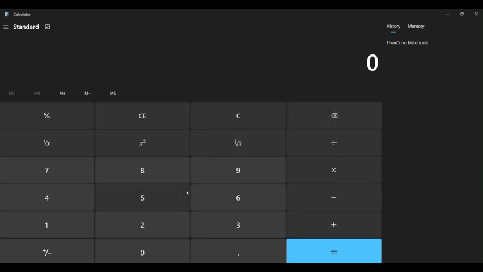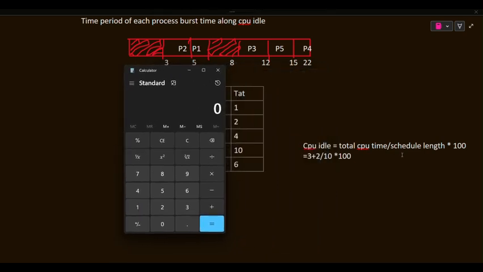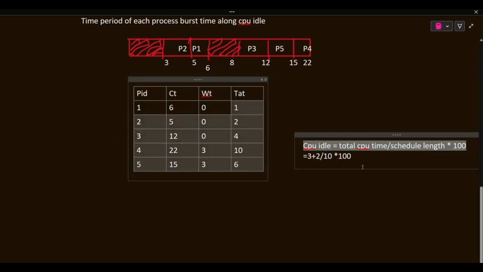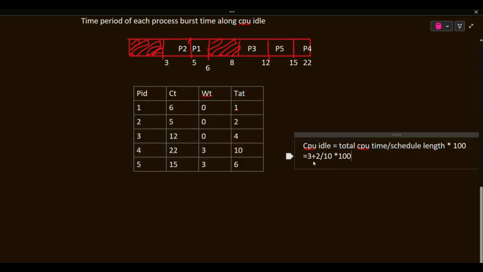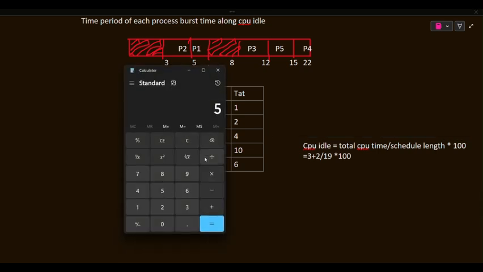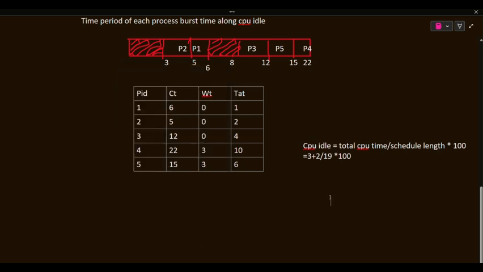Let's calculate the value. Here we have to write 5 by 19 into 100. 5 divided by 19 into 100 is equal to 26.3.